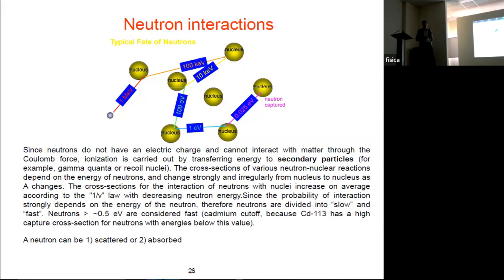These neutrons are called thermal neutrons, and they have a very high probability of being captured. In this case, the neutron disappears when it's captured. So usually there are two ways for the neutron to lose its energy. It can be scattered or absorbed.